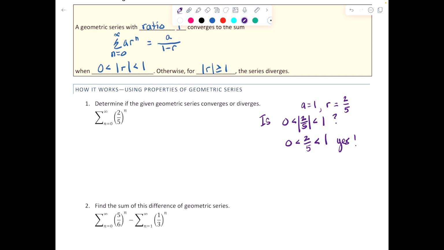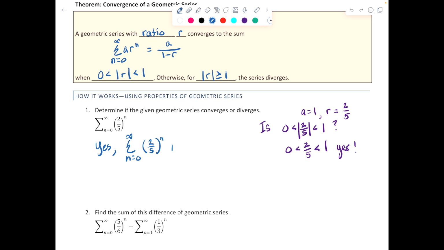So it actually only asked us to find out about convergence, right? So we'll say for our conclusion that yes, the summation from n equals 0 to infinity of 2/5 to the n is a convergent geometric series.